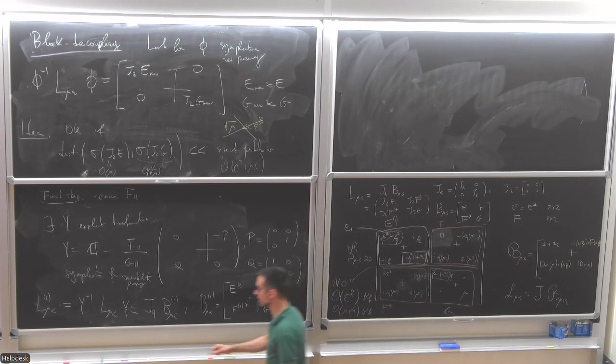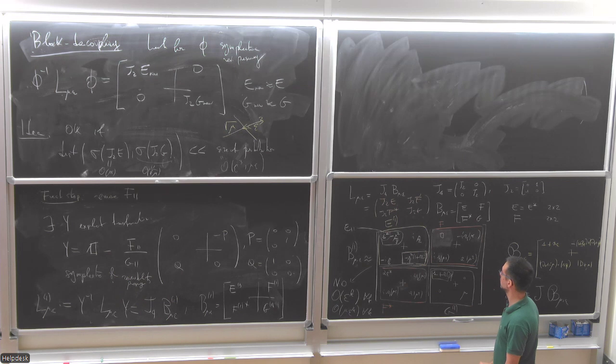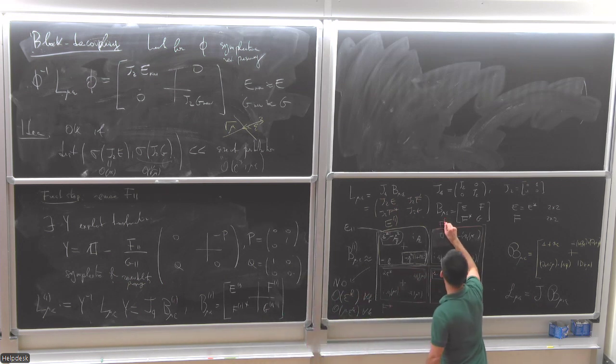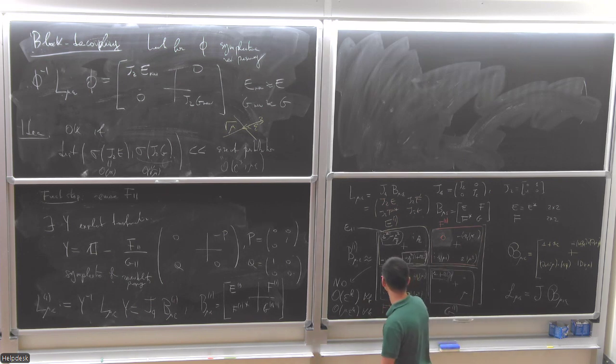So this is G1. The novelty is that now here we have exactly 0.